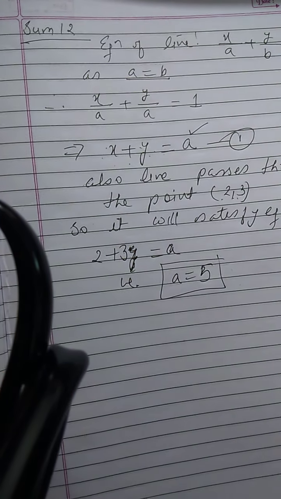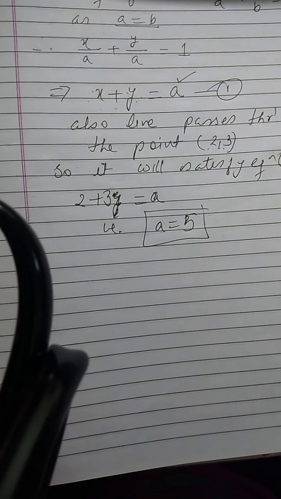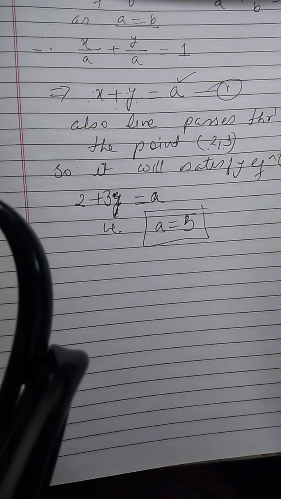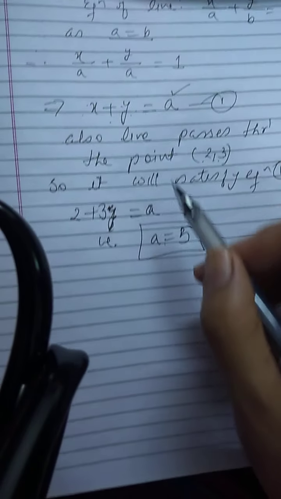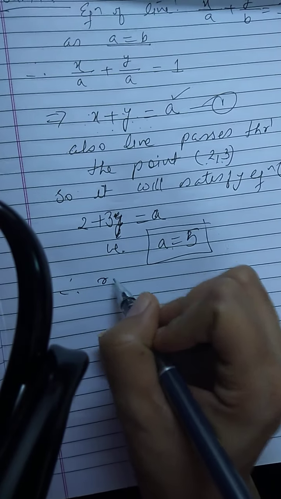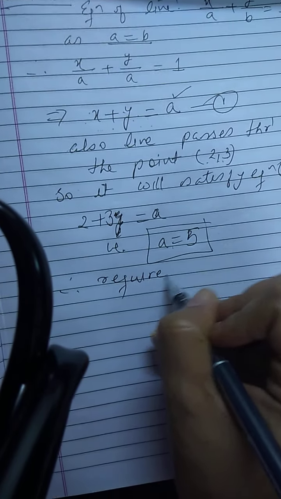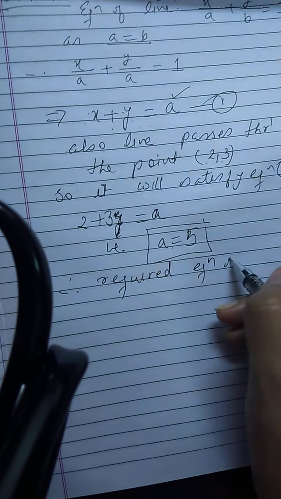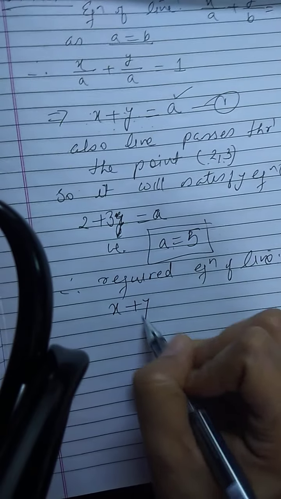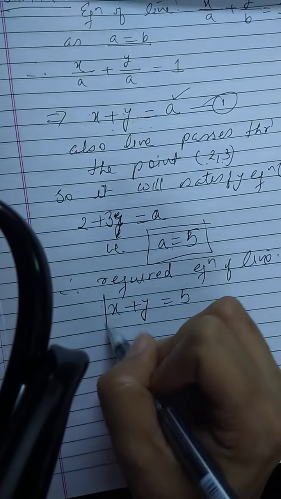Now a is calculated, that means the intercept which was unknown in the beginning we have now calculated, and we will substitute it back in our equation. Therefore the required equation of the line is x plus y equals 5.